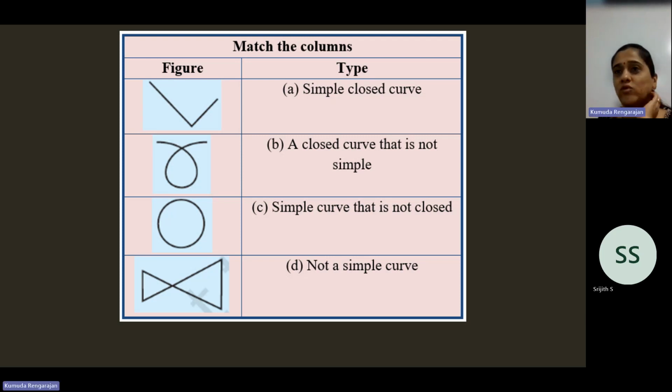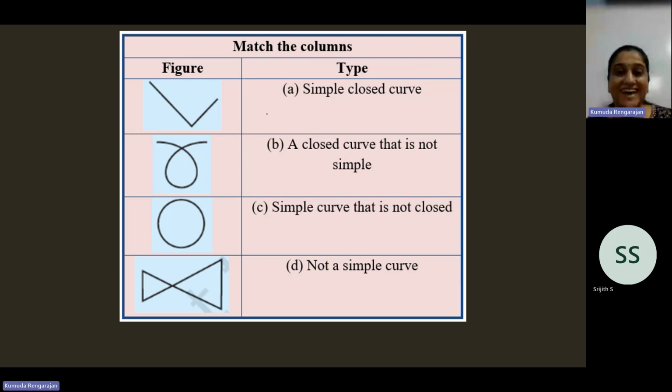It is 4 on 4 or 0 on 4. That's all. Either it is 4 on 4 because everything is correct, only then it means you have understood clearly. No 1 out of 4, 2 out of 4, 3 out of 4. 3 on 4 you cannot get. So it's either 0 on 4 or 4 on 4.